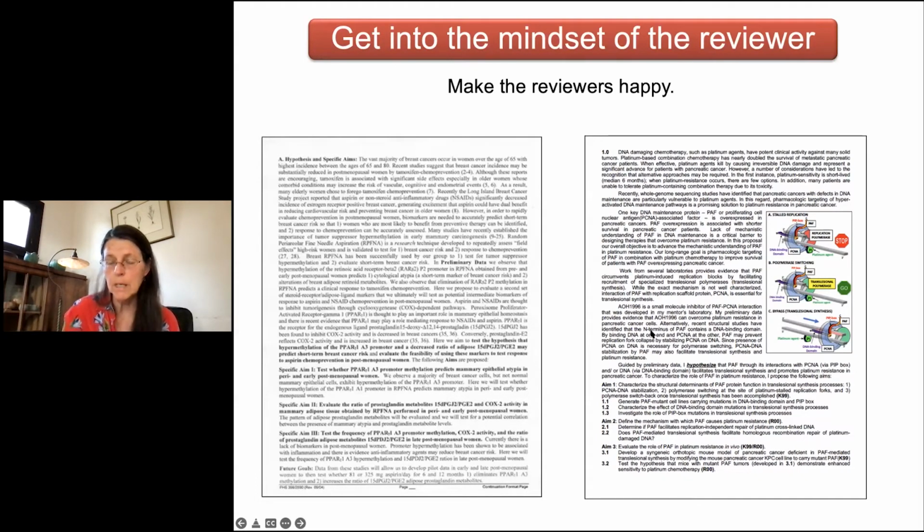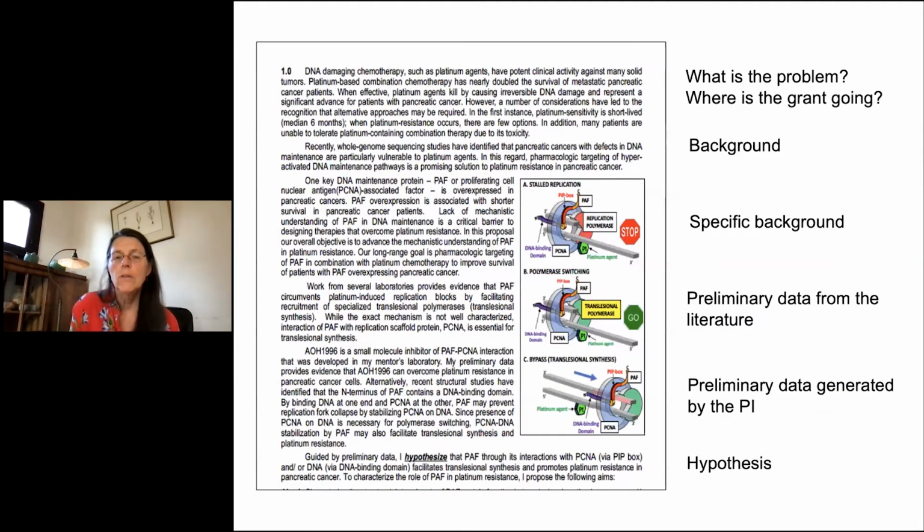And this, I think, makes it a lot easier to write, but it also makes it easier for the reviewers. And also try to include a nice diagram here. So I'm going to break it up into sections and talk about each section. And then I'm going to talk about a specific example.